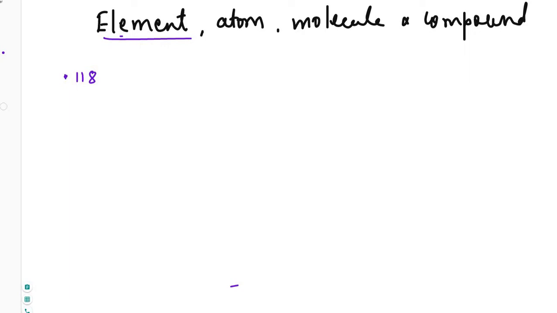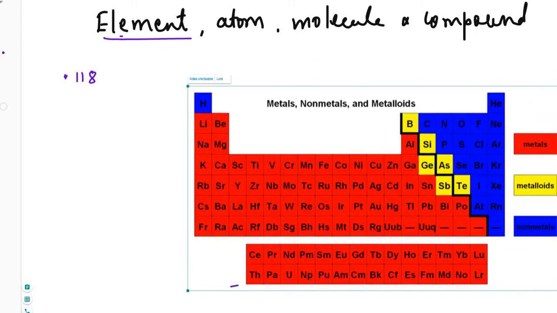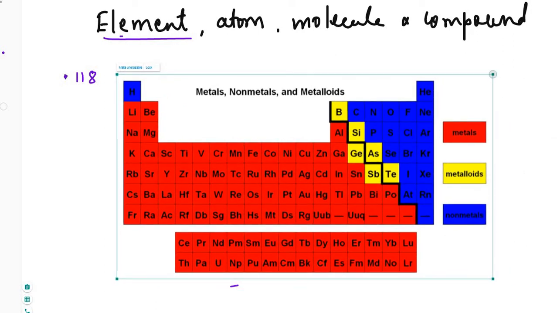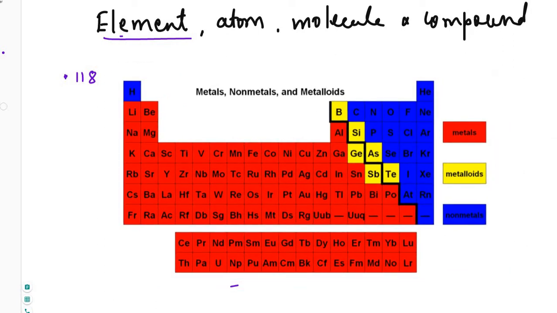For that we have the periodic table. Some elements behave like a metal, some like a non-metal, and some have similar properties in between, a few properties like metals, a few like non-metals. We call them metalloids, which will come further.